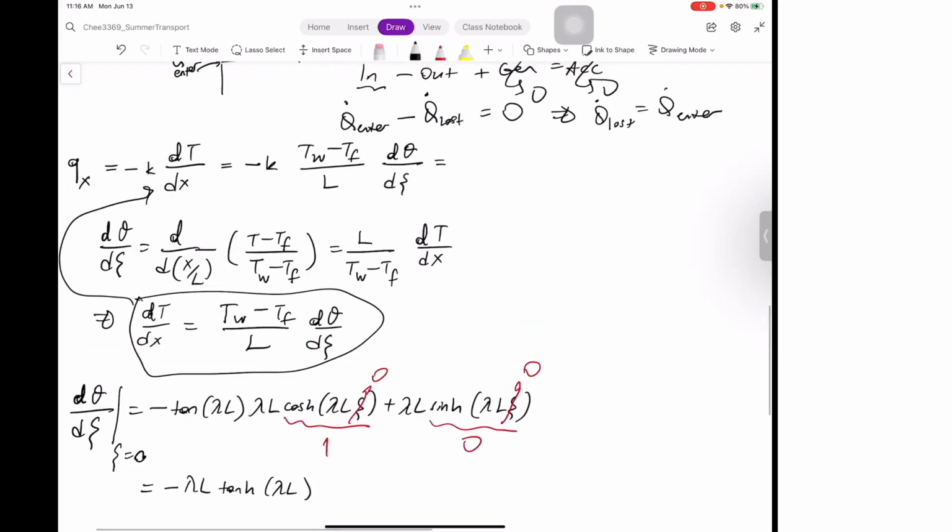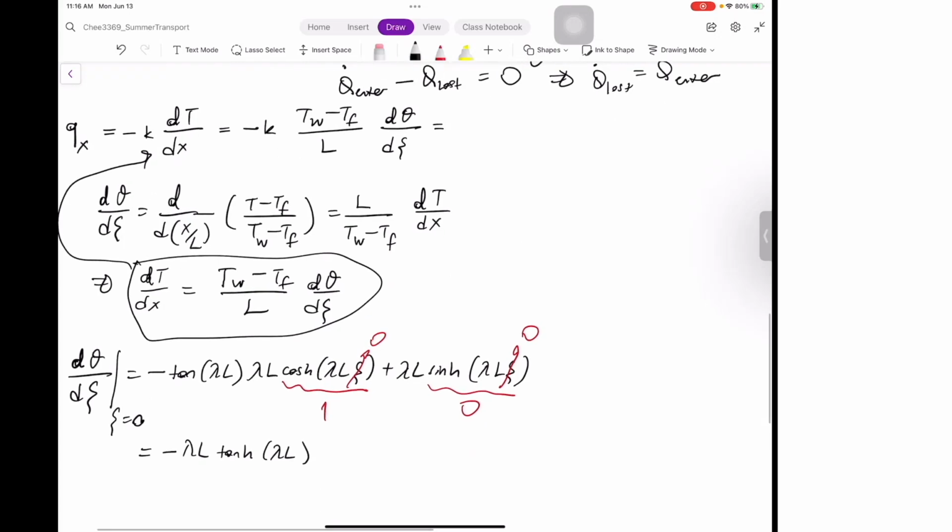Okay. And I plug it in here. I'm interested in the flux at x equal to 0, so psi is equal to 0.